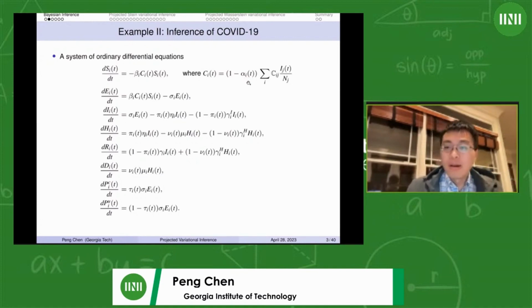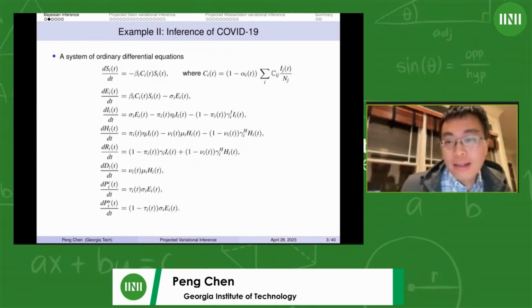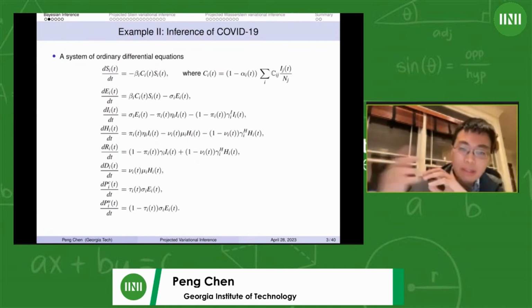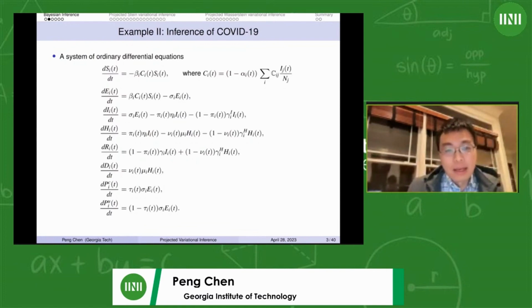And as the dynamics goes from time to time, and as policies are implemented, this alpha becomes different. It becomes essentially a time-dependent parameter. Over a certain time period, it is a continuous function, and after discretization it could become quite high dimensional, depending on the number of days you describe the data and process.